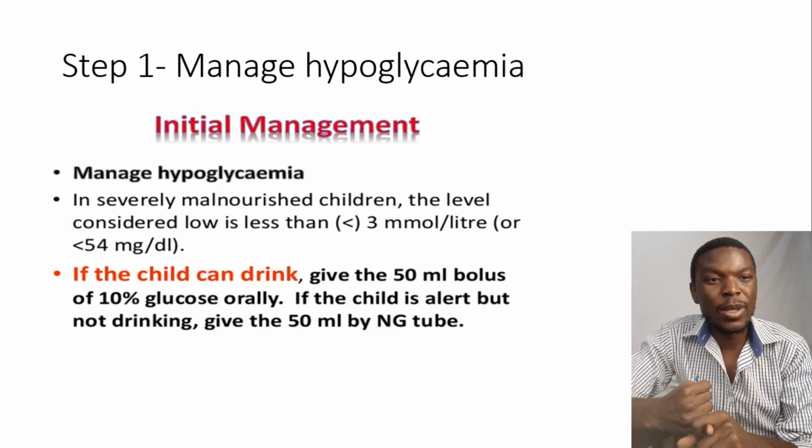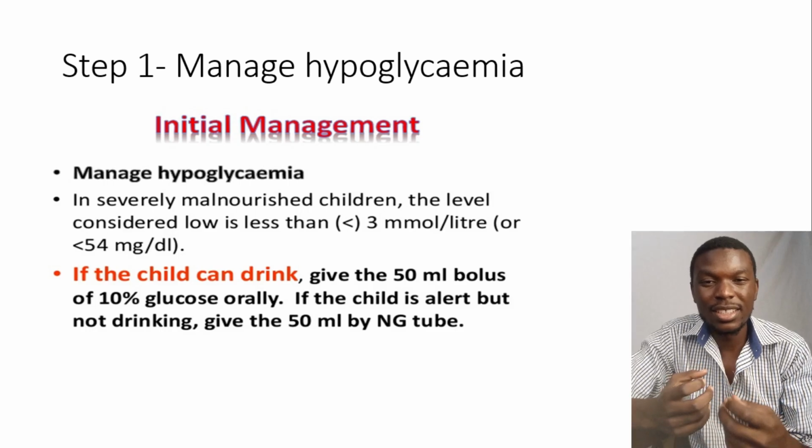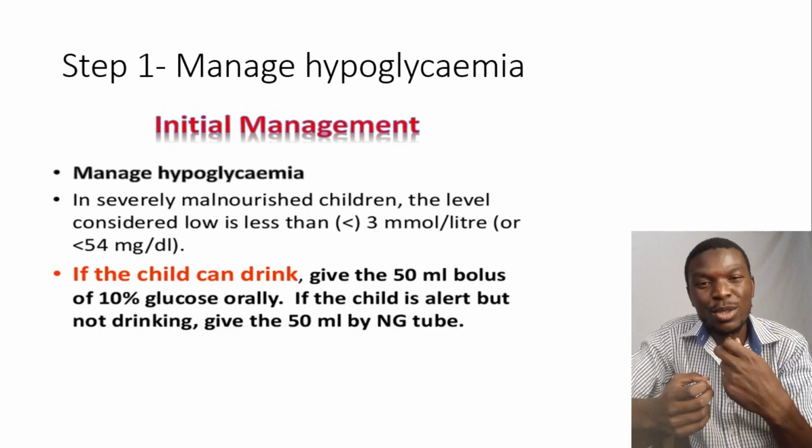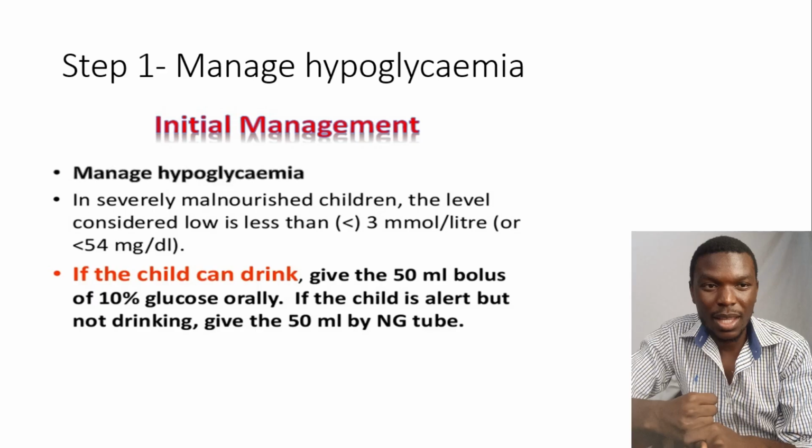In this case, we are going to give 50 mils bolus of 10% dextrose oral. You can get a syringe, feed the child slowly until that 50 mils is consumed by the child. If the child is alert but not drinking, we give the 50 mils by NG tube.